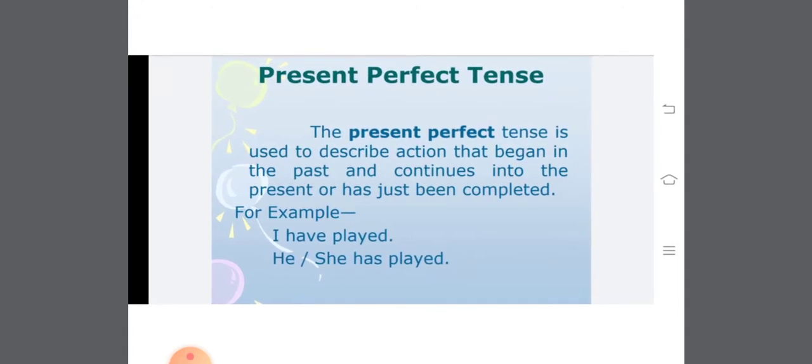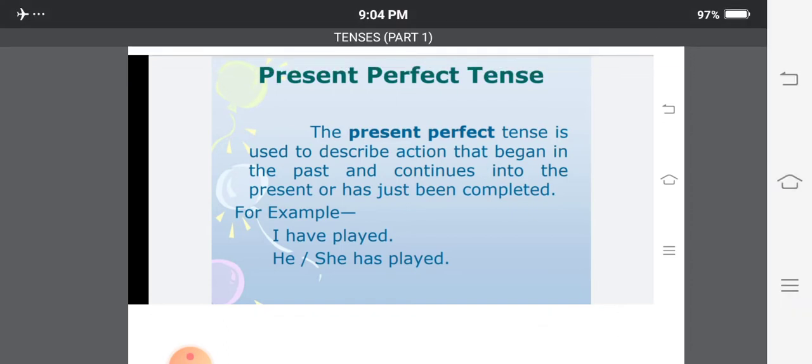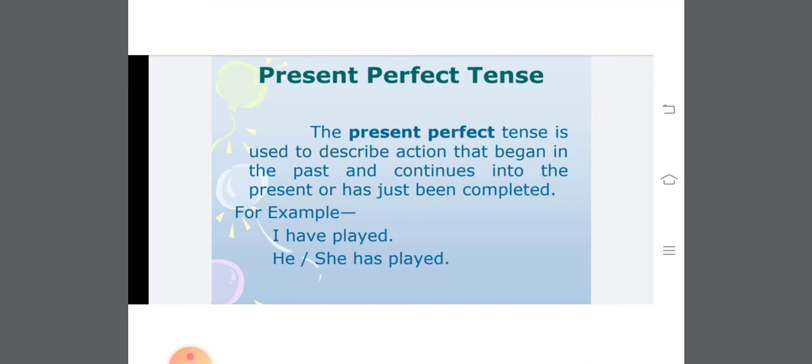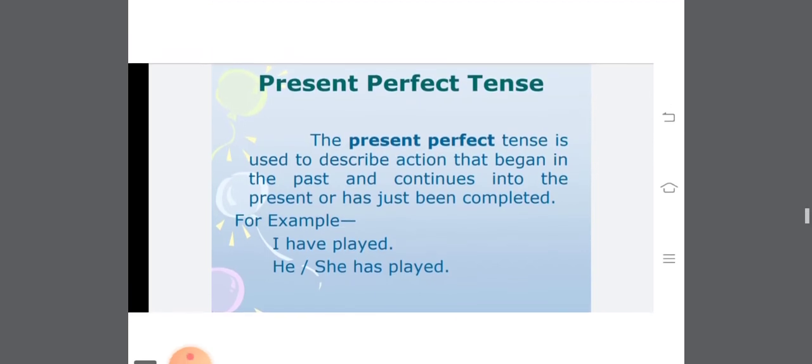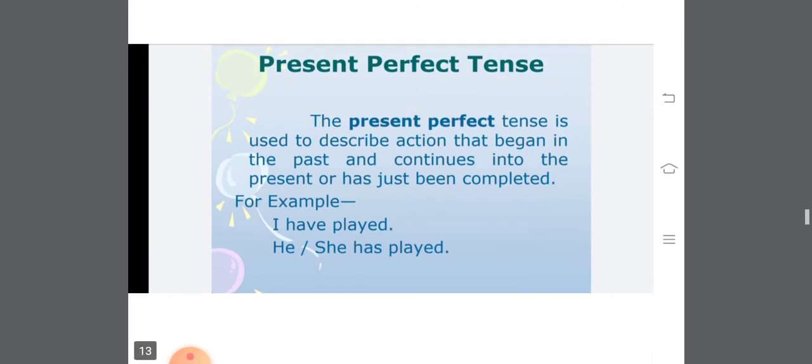In the present perfect tense we see the action is complete in the past, but the speaker wants to relate it to the present situation. So in that type of condition the present perfect tense is used. For example, I have played, he or she has played, like that.